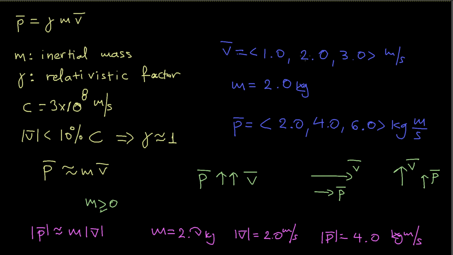Now, I want to point out the difference. Here, I'm using the velocity, the vector, and that's why I'm getting the momentum to be a vector with the 3 components. Here, I'm only talking about the speed and the magnitude of momentum. So the speed is a number, like the number you see on a car. As you're driving, you see the speed of 65 miles an hour. You see a single number.